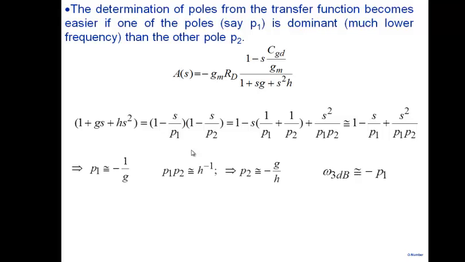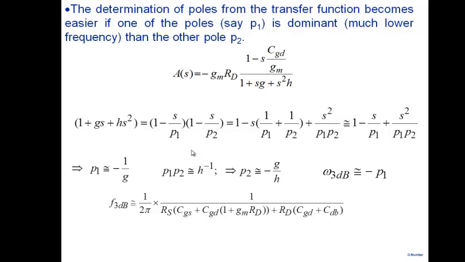Now, once you do that, please go ahead and check, is my P2 at least a factor of 10 larger than P1 or not? If it is true, then your assumption is correct. You are under a dominant pole approximation, and your expression for 3 dB and all that is fine. If not, then the expression is going to be problematic here.